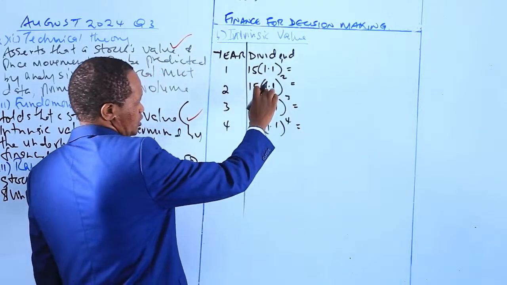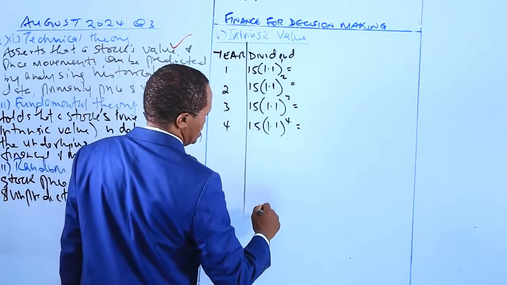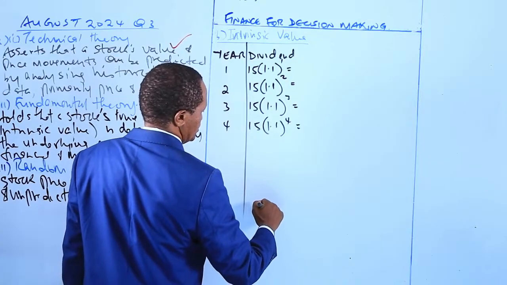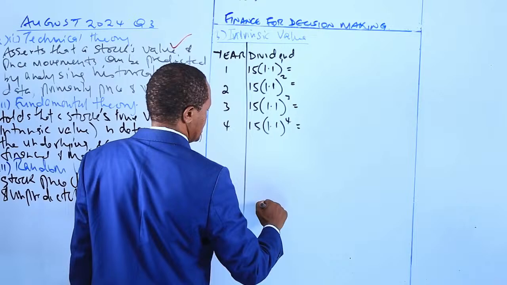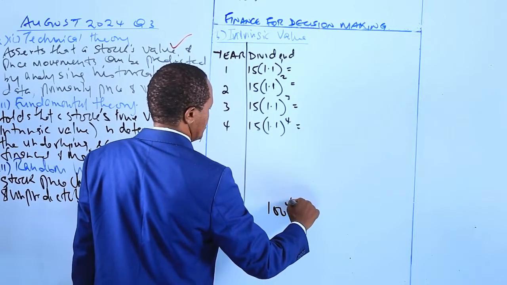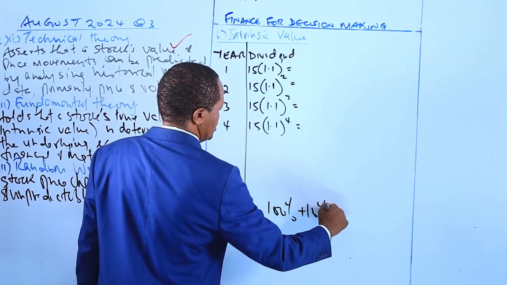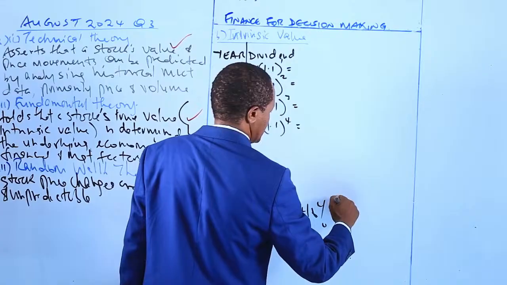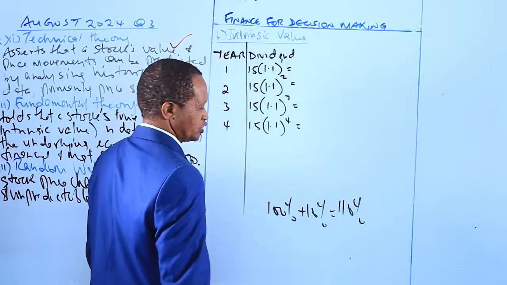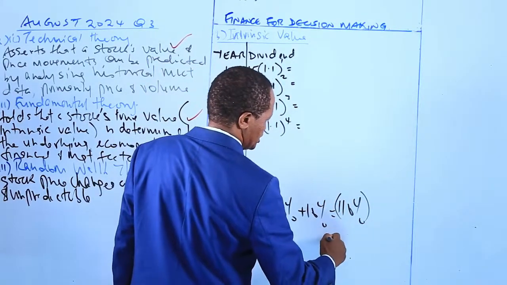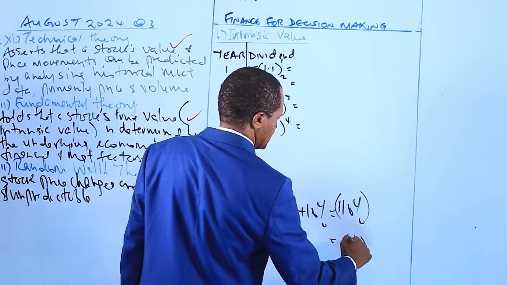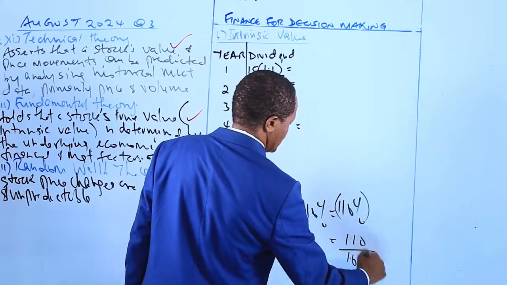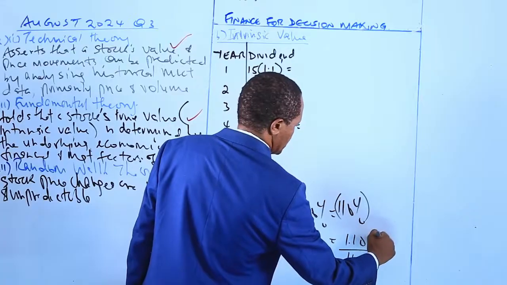We are growing it. 1.1 means, candidates, it will grow at 10%. That will be 100% plus 10%, which means that will be equal to 110%. If you are to convert 110% into decimal, it will be 110 over 100, which is equal to 1.1.